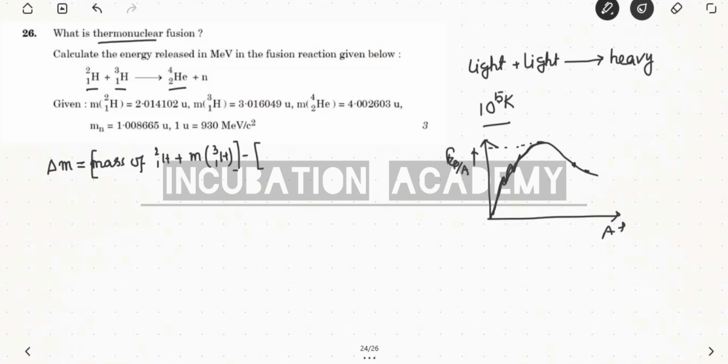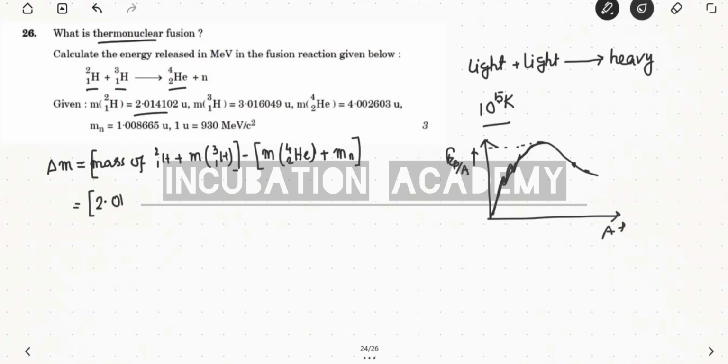Actually we are calculating the difference here: the mass of the helium, 2He4, plus the mass of the neutron. The values are such big numbers, but you have to deal with that.